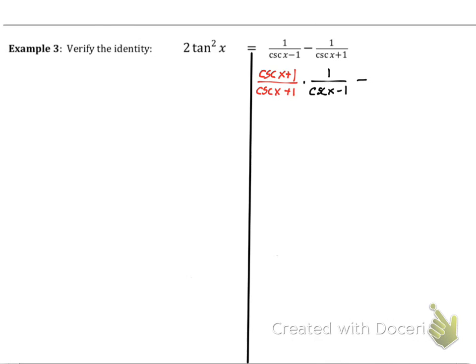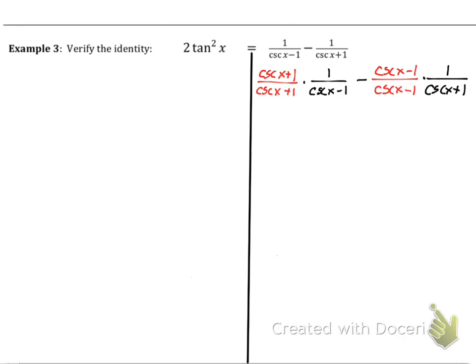Subtraction sign. Then we're going to take that other denominator, that cosecant x minus 1 over cosecant x minus 1, and we're going to multiply that by the other fraction, that 1 over cosecant x plus 1. All right, cool.